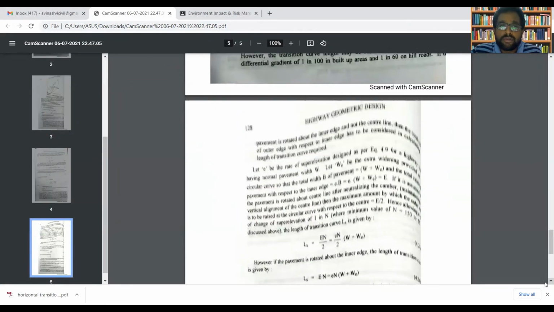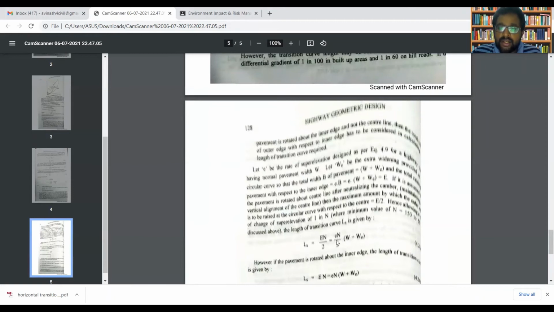If e is the rate of super elevation designed, W is the width of the pavement, and WE is the extra widening provided, you can write the length of transition curve as LS is equal to eN by 2 into (W plus WE), where 1 in N is the rate of change of super elevation.